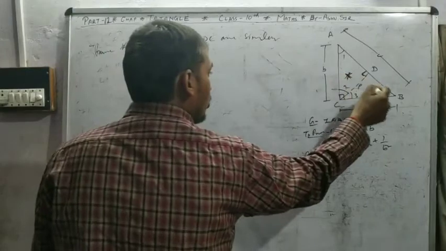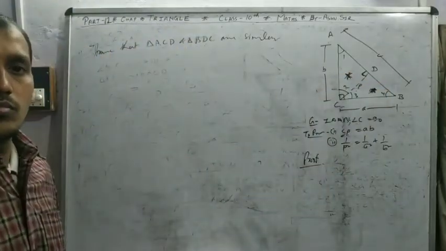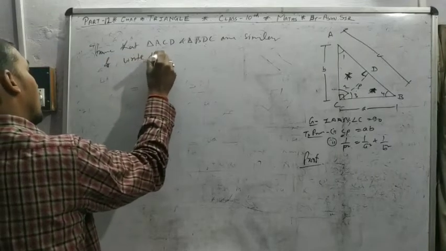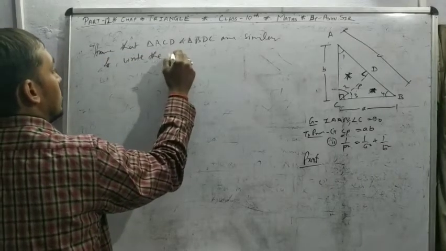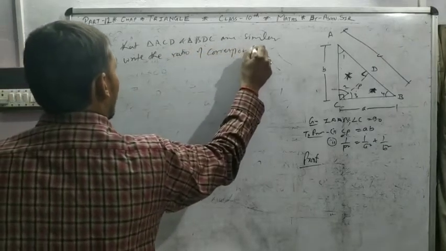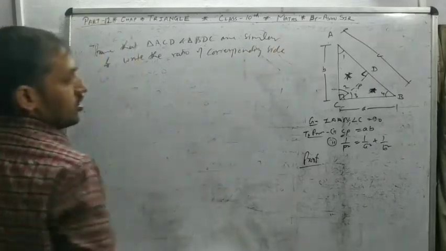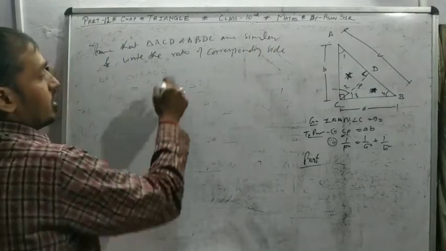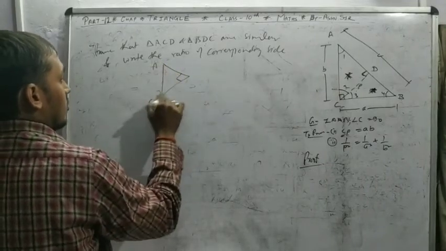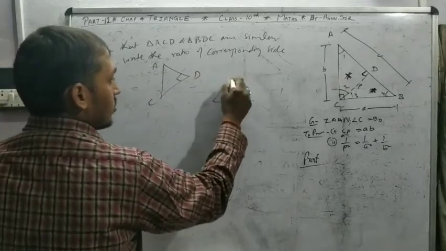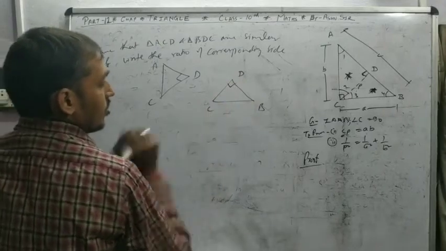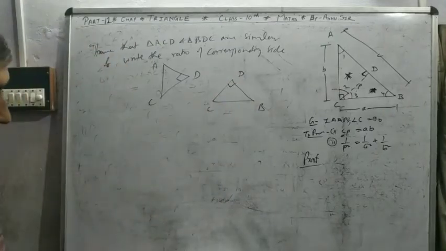Means the question wants these two triangles to be similar, and to write the ratio of corresponding sides. Means for the same question you want to prove ACD and BCD similar directly. So how do we prove them? Let's see.